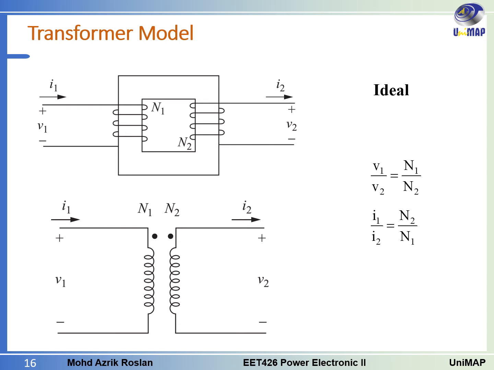The equations here give the relation between the voltage, number of turns, and the current. You have to know that this is for the ideal transformer, because we do not consider any losses in the circuit. So we have V1 over V2 equals N1 over N2, and I1 over I2 equals N2 over N1.